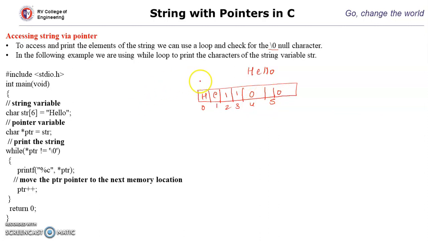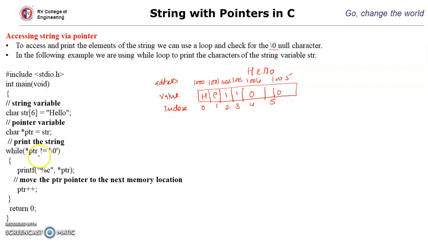Okay. And this is 1000. These are address locations 1001, 1002, 1003, 1004, 1005. Okay. So this is address, this is value, and this is index.